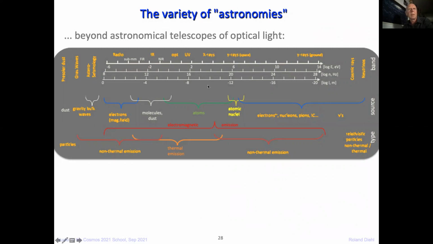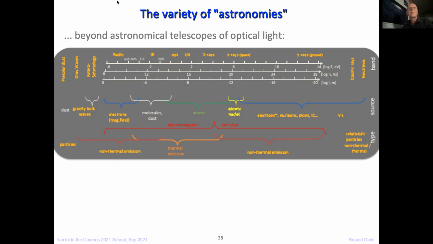We can look at hot plasma, for example, in X-rays. We can look at cold gas in the infrared and molecules in radio. And then the problem is to try and relate those atoms and molecules to newly produced nuclei, which is not so easy.